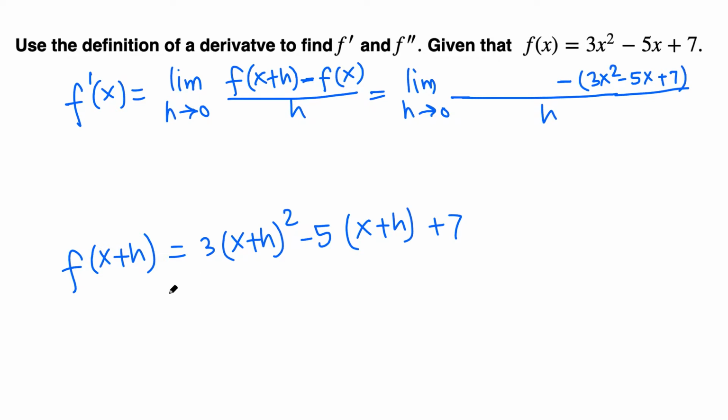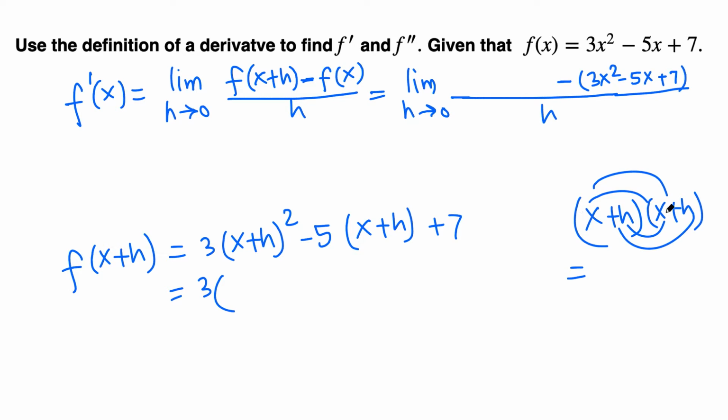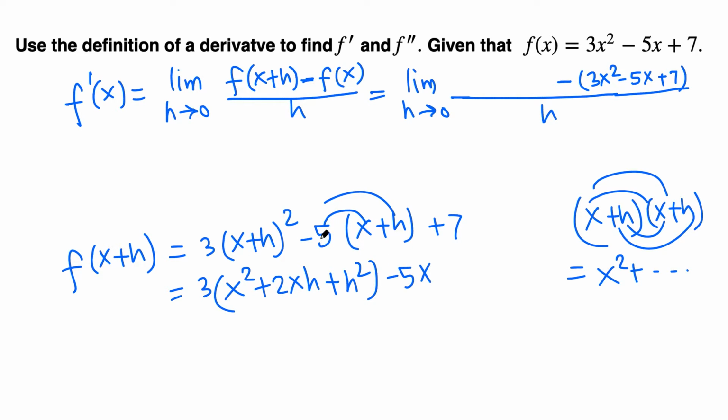So let's simplify. 3 times x plus h squared means x plus h times x plus h. When we multiply, just FOIL, we get x squared plus 2xh plus h squared. Then minus 5, so you distribute: minus 5x minus 5h, and plus 7.